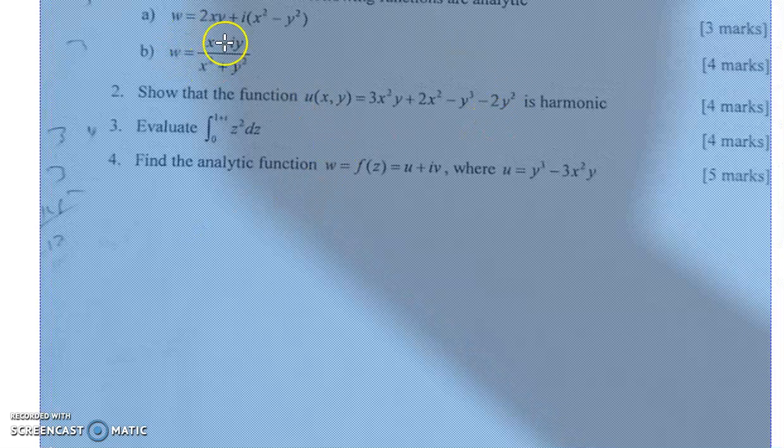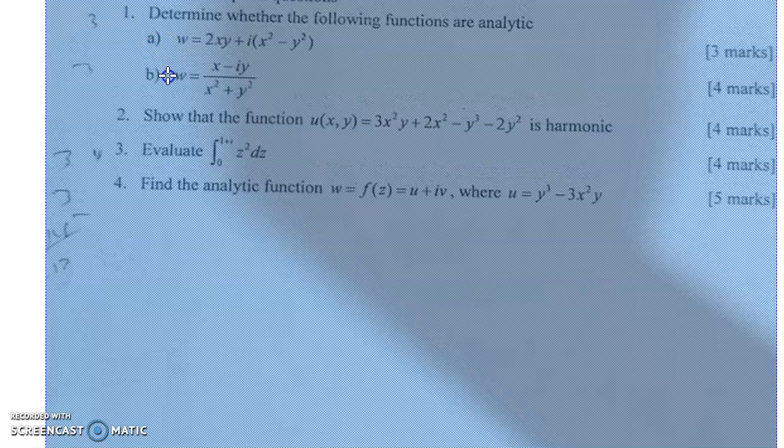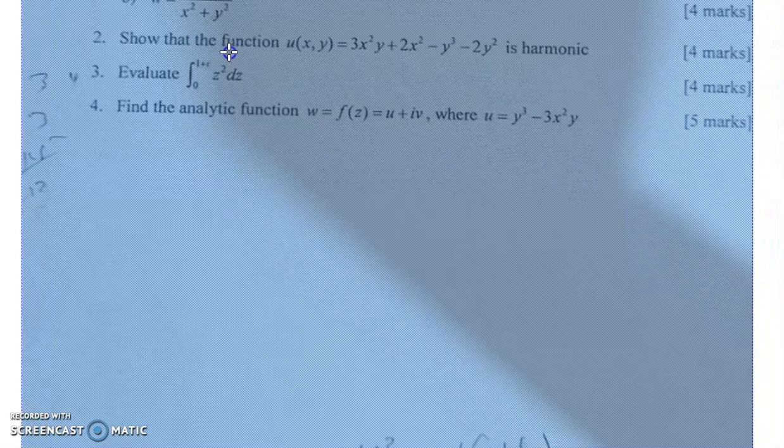We differentiated in question 1a and 1b, where we were trying to find out whether the function is analytic or not. And in question 2, we also differentiated. This is partial differentiation actually, where we tried to find out whether this function is harmonic. Of course, you have seen that indeed the function is harmonic.